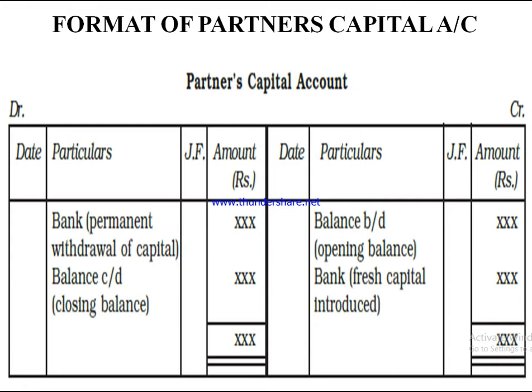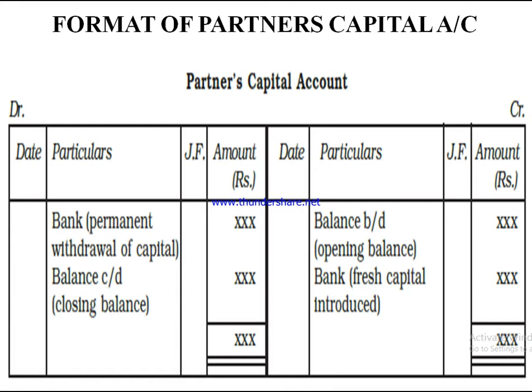First is the partner's capital account format. As I told you, only the entries relating to the capital are shown, and that will be on the credit side of the account. Debit and credit sides have to be mentioned in the format.